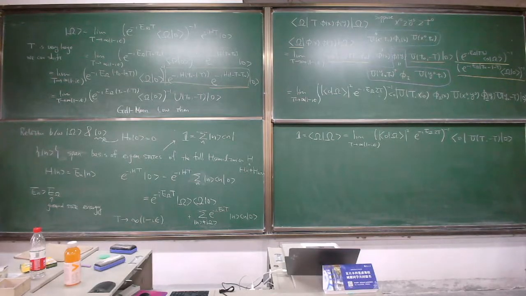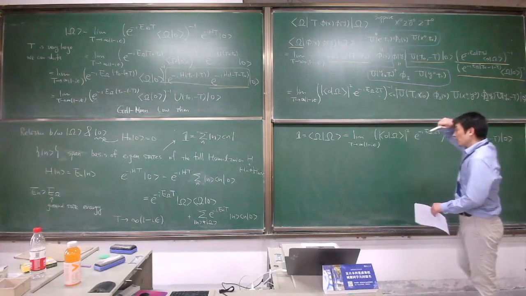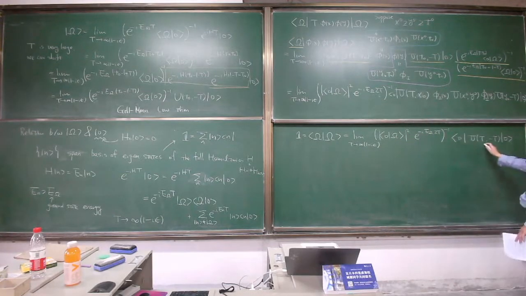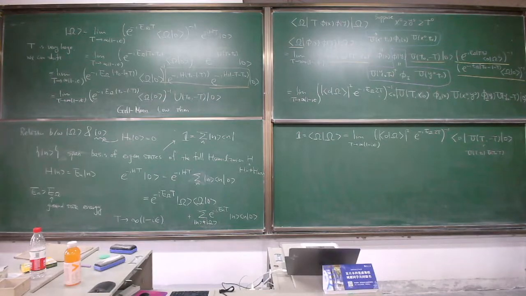So that's what we have for the inner product of the omega. Note that here I use that this one is equal to U(T, x naught) U(x naught, T). That's pretty neat.